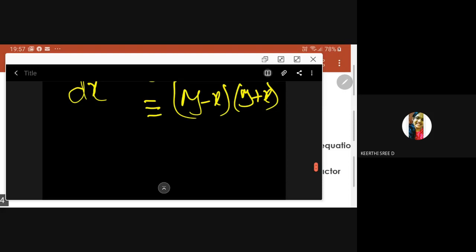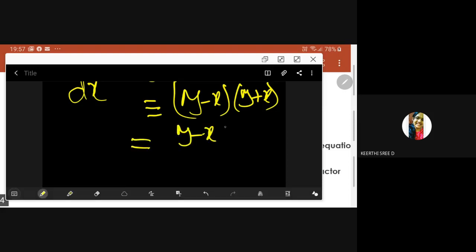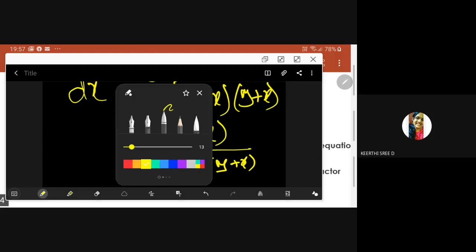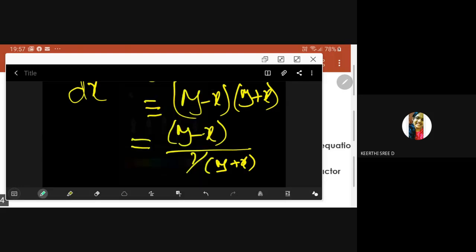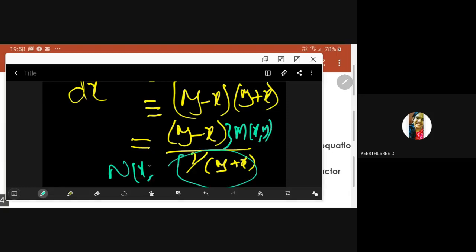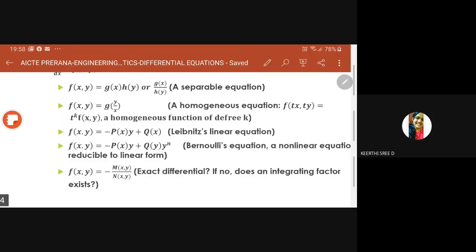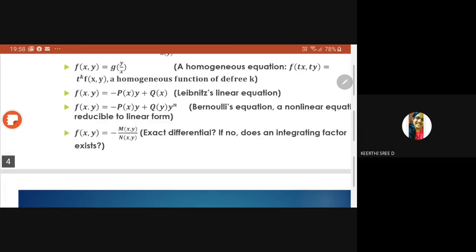One is y minus x by 1 by y plus x. So what is happening here? Here we are able to see this term as m of xy and this whole term as n of xy. So you have dy dx is equal to m of xy by n of xy, something like this we can see. That is the third case. I wrote minus m of xy by n of xy. So here we talk about the differentials. Is it an exact differential, non-exactness?